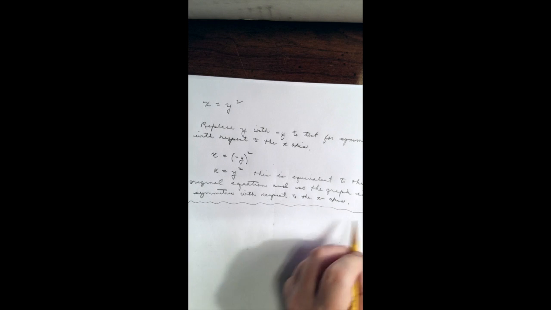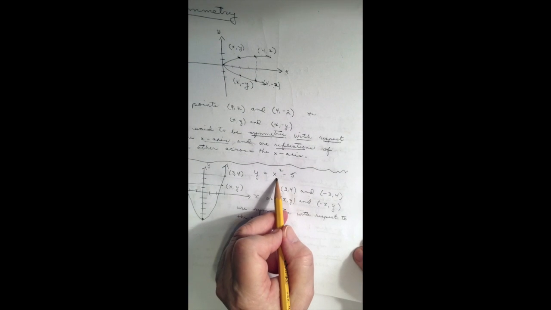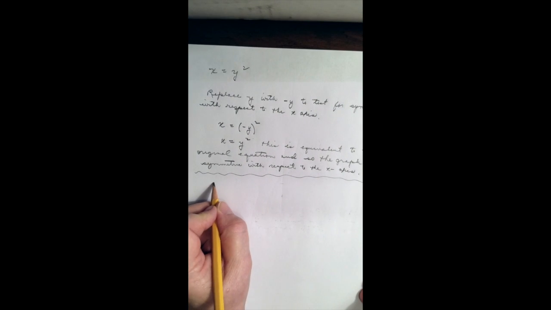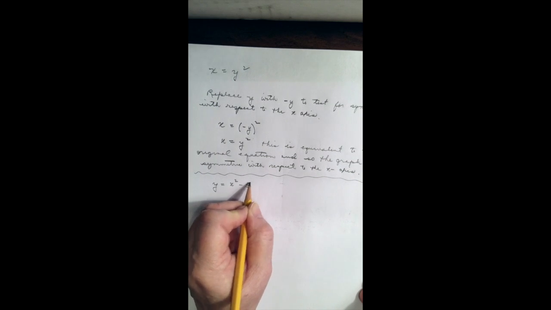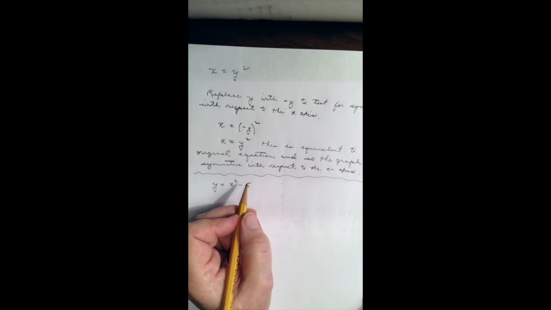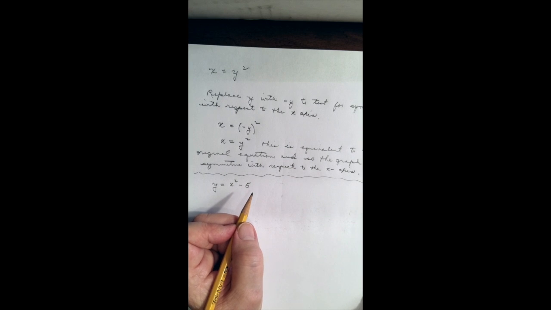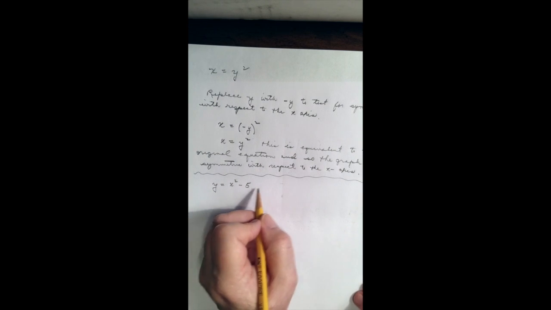Okay, now let's test our second equation that we saw, which was y equals x squared minus 5. And it seemed to be symmetric with respect to the y-axis.